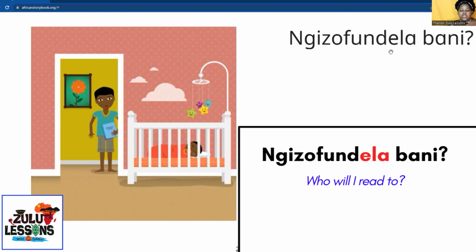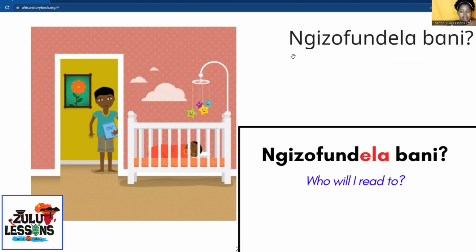It's no longer to read, to study, or to learn. Now it is to read to someone else, or to read for something, so to learn for something. So maybe say learning for an exam, studying for an exam. So ngizofundela bani, here he's saying, who am I going to read for? Our little friend here, he wants someone to read for.